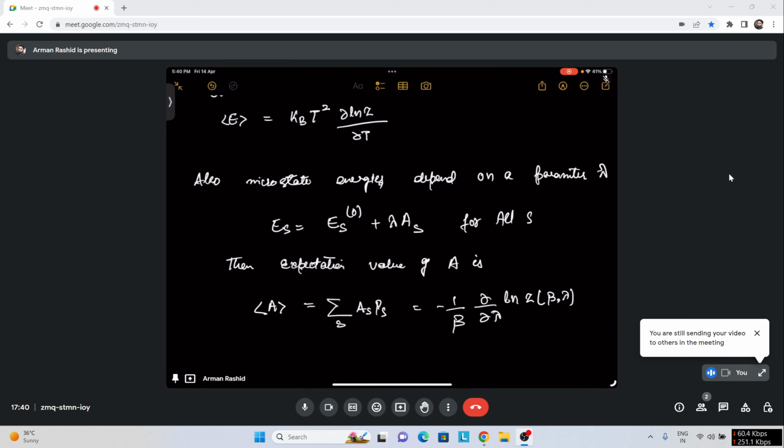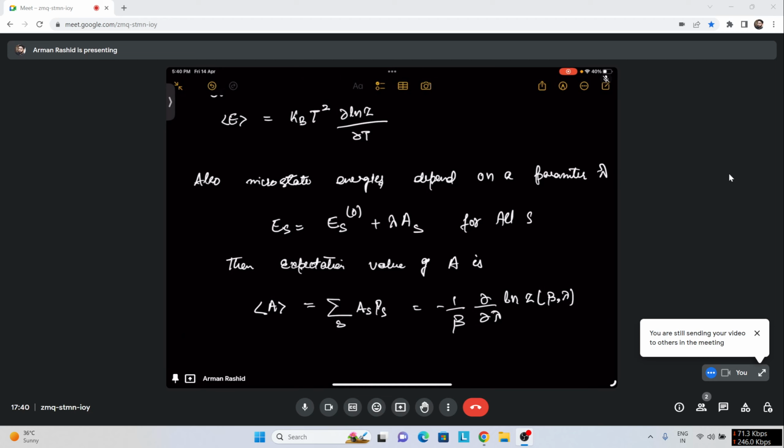Okay, now this provides us a method of calculating the expectation value of many microscopic quantities. What we have to do is know the partition function, and then from that partition function we can calculate the expected value.